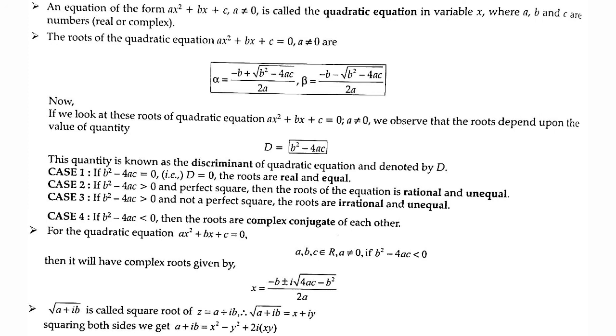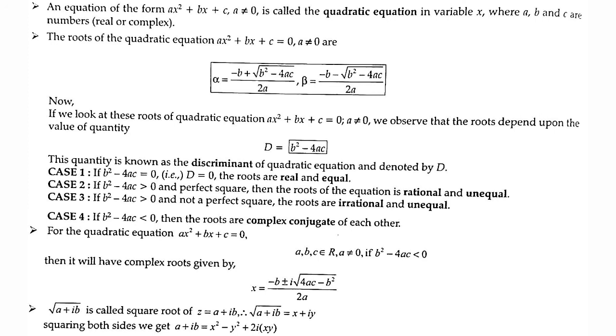Third case, if b square minus 4ac is greater than 0 and not a perfect square, the roots are irrational and unequal. Case 4, if b square minus 4ac is less than 0, then the roots are complex conjugates of each other.